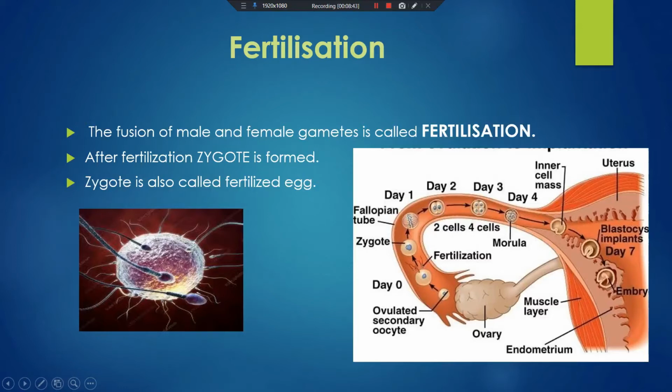This embryo slowly moves towards the uterus and then it sticks to the wall of the uterus. Clear? The ovary releases the ovum, fertilization occurs, it converts into a zygote, the zygote divides multiple times to become an embryo, and this embryo sticks to the wall of the uterus. The process of the embryo attaching to the wall of the uterus is called implantation. Clear?